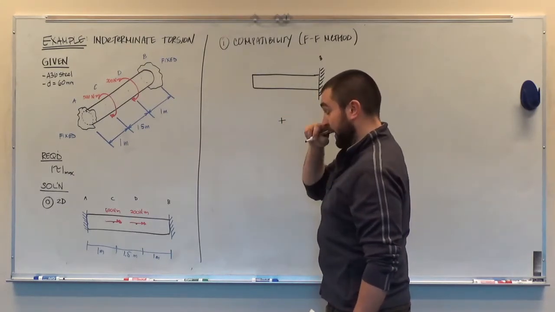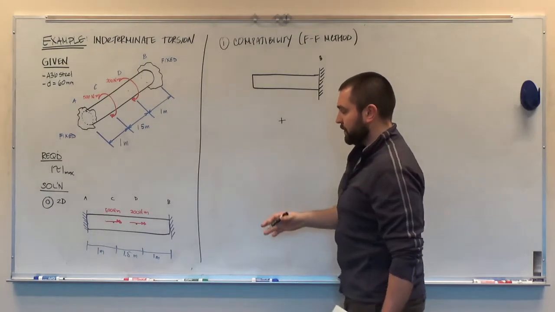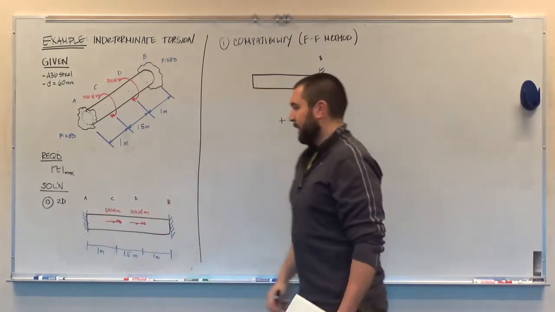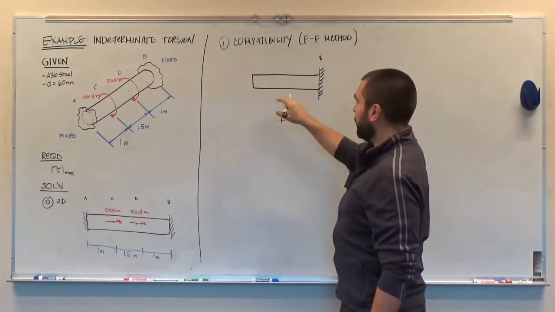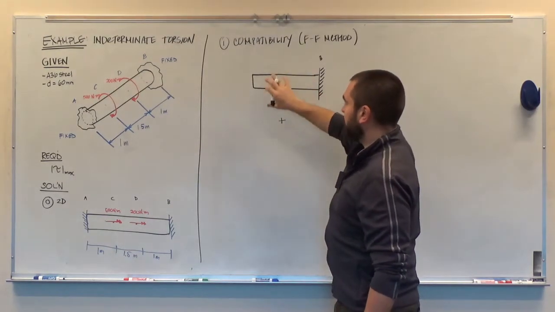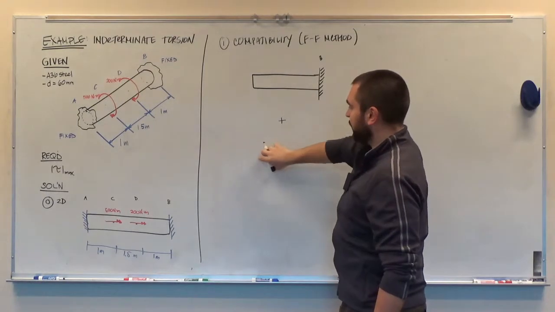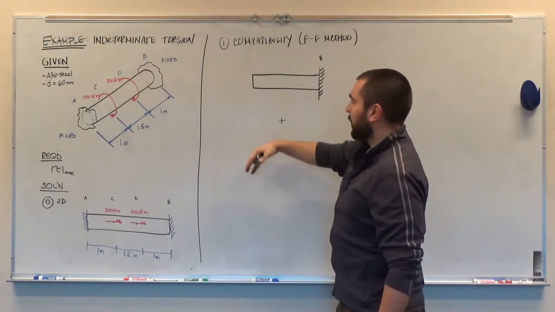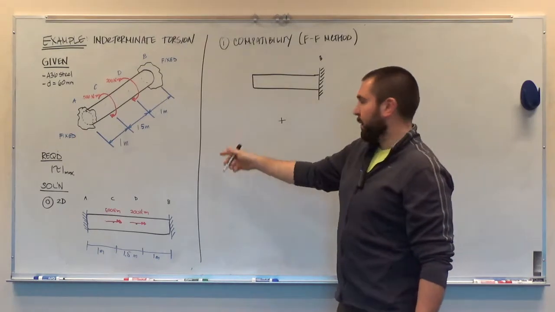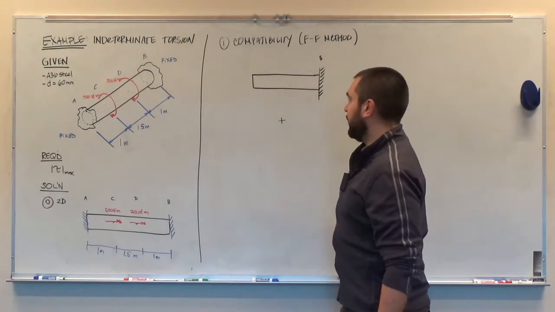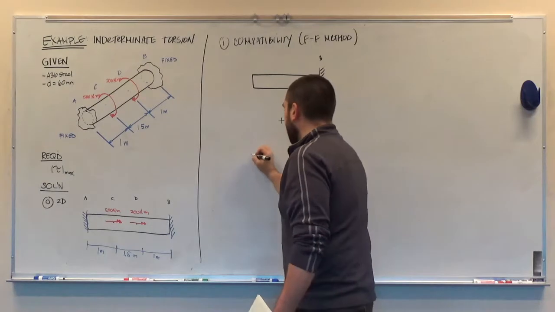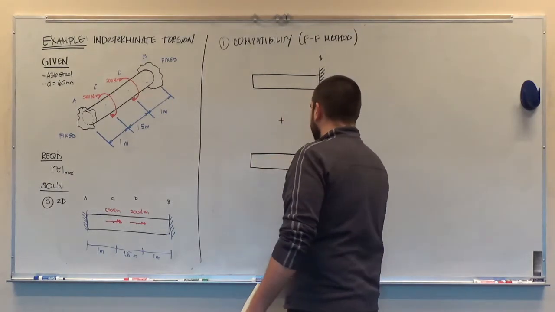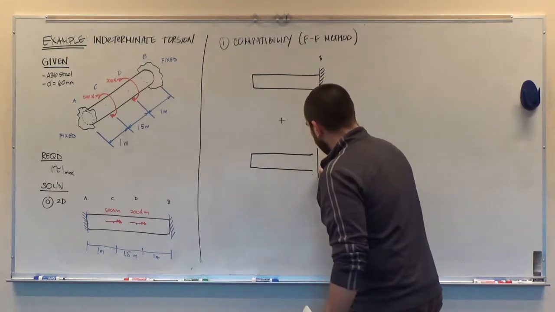Because again, what we're saying based off the principle of superposition is that this system here with a support at A is equivalent to this system with the applied loads plus this system with a support torque at A. When they are combined together equals 0 rotation or 0 angle of twist at the free end A. So again, we're going to have two different loadings and we're just going to add the effects together based off of superposition.